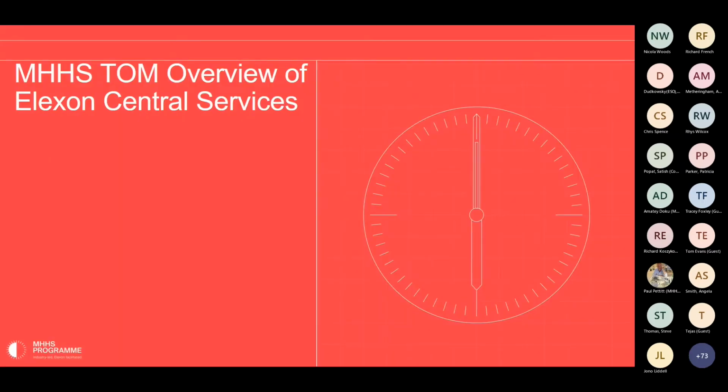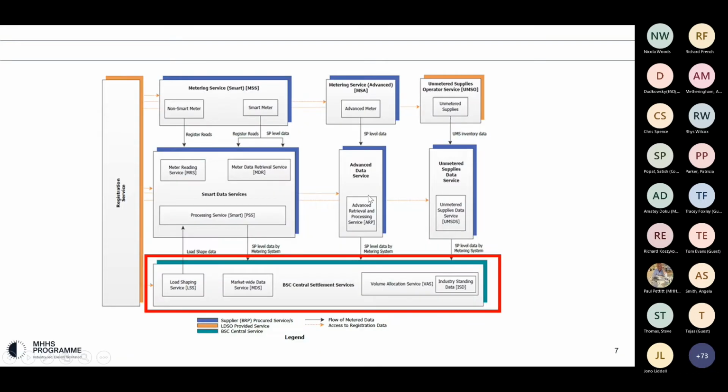So a quick overview of the Elexon Central Services. Today we are looking at the services in this red box here. Here we're calling them BSC Central Settlement Services, and these services are provided by Elexon.